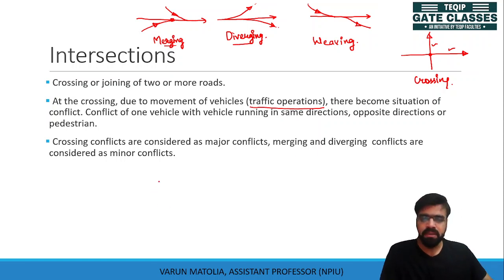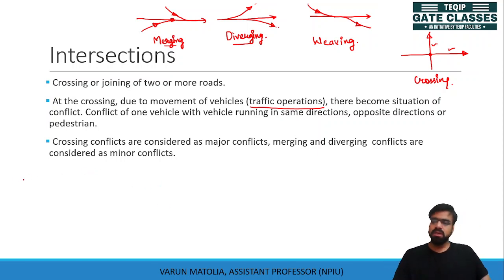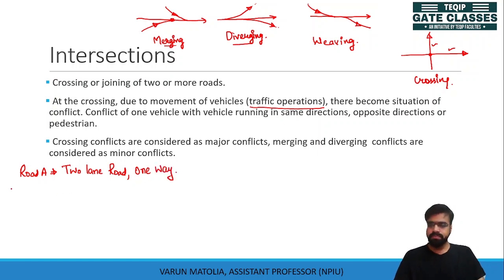Let us take an example. Let us take road A. This road A is a two-lane road, but both lanes are moving in one direction, so we will call it a two-lane one-way road.